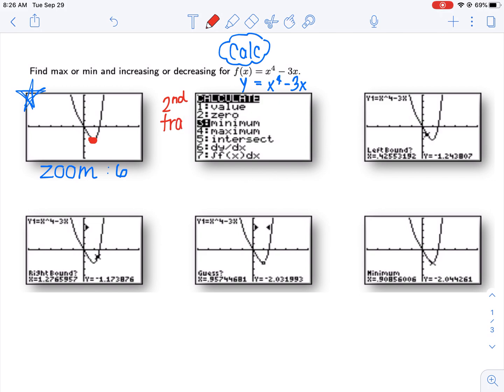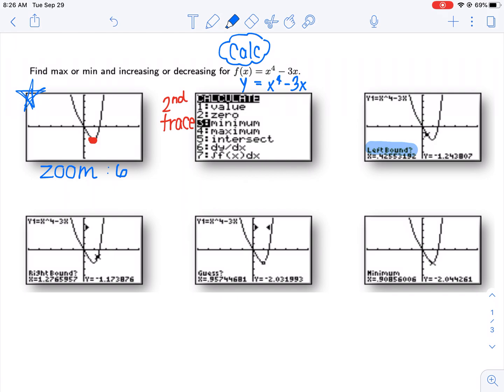Trace, I'll rewrite that, is on the top bar of your calculator. So you press second, trace, and all these options should pop up. Makes sense that we're finding minimum, so that's option 3. You'll click on that. Then you get these questions.